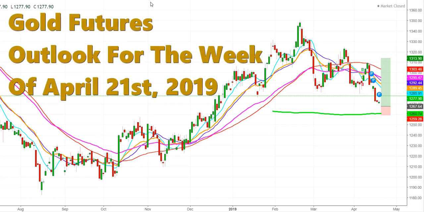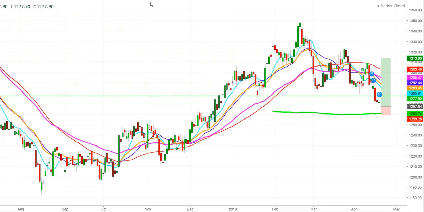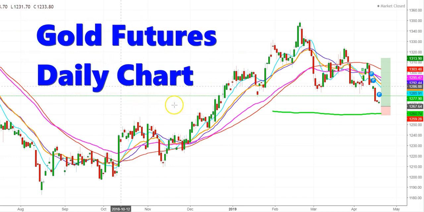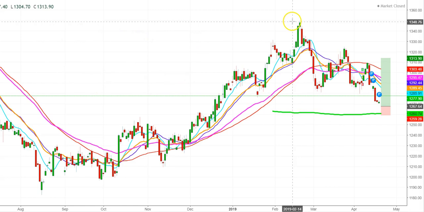Let us start the day to analyze the movements of gold futures in different time frames. Friends, here you can see a daily chart of gold futures where the gold futures have touched the highs of $1349 on February 19, 2019.